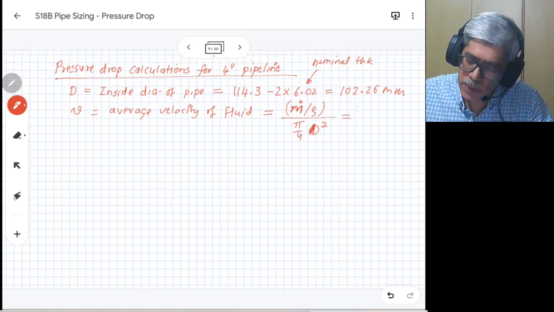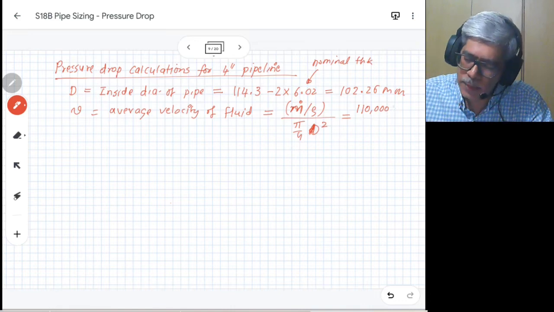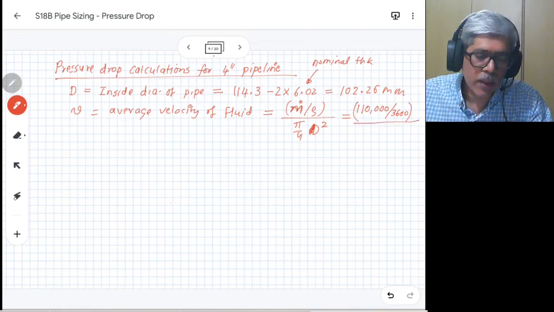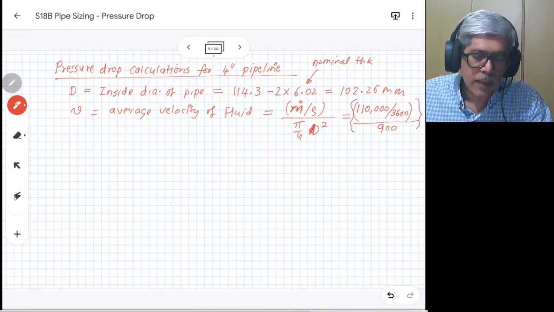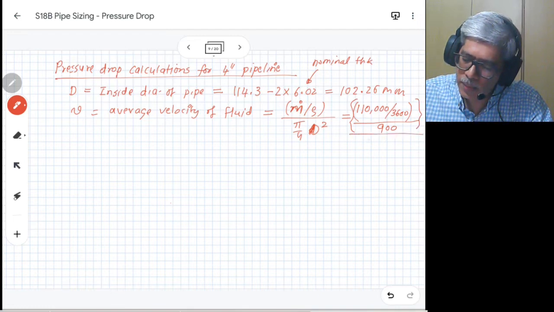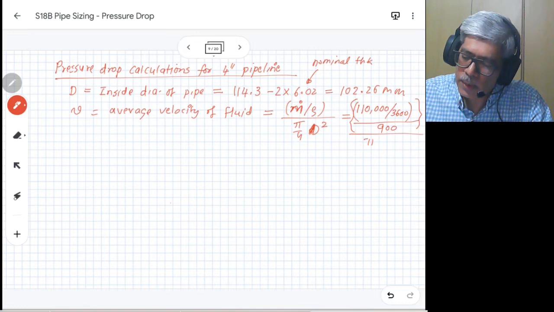So the mass flow rate is given as 110,000 kg per hour. So I'm converting that to kg per second. This is divided by rho. So the density of the fluid is given as 900, and this entire thing is divided by pi by 4 into the diameter.